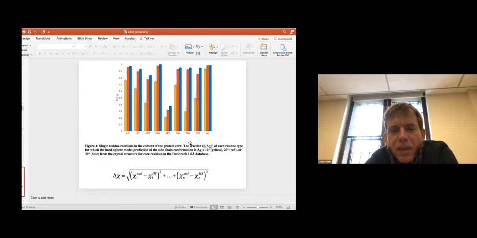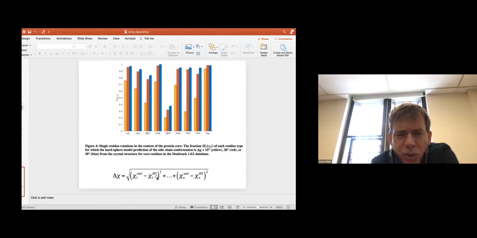And on the bottom, there's a metric which determines the success of the prediction. In this case, chi with the superscript HS, which stands for hard sphere, is the result of the prediction, and chi crystal is the experimental value.